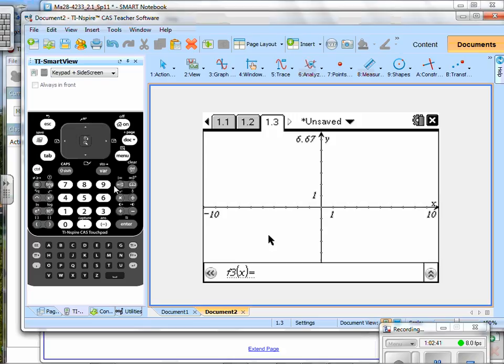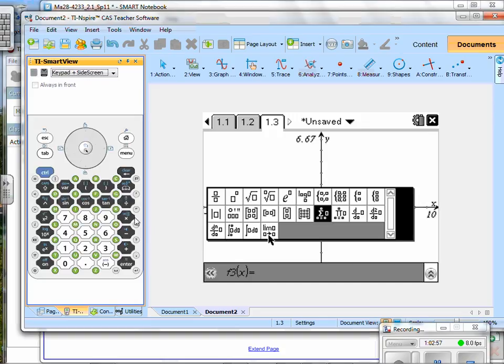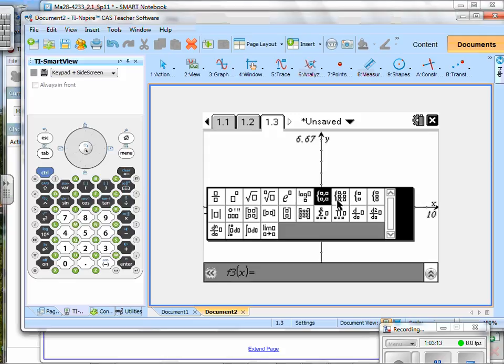It depends on which model you have. Here is a symbols palette. Yeah, there we go, on that key. If you're on the gray one, you use control on multiplication to get to the same thing. There's a symbols palette here. In the top row, you've got a couple of things you could use.